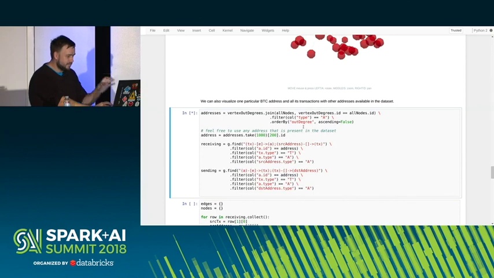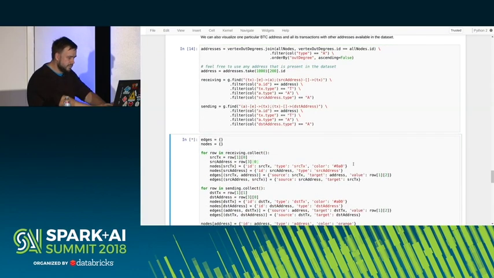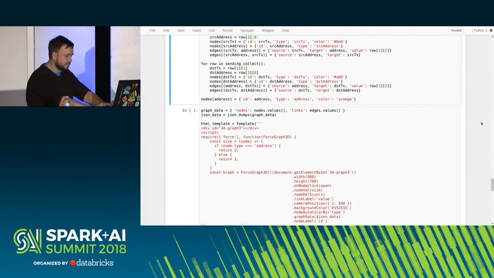So here, for instance, I will use the same displaying algorithm, Force Graph 3D, for showing the address. First I sorted by out degree, and then I took the biggest 200. So if I visualize it, it looks like... Oh no, it's here.